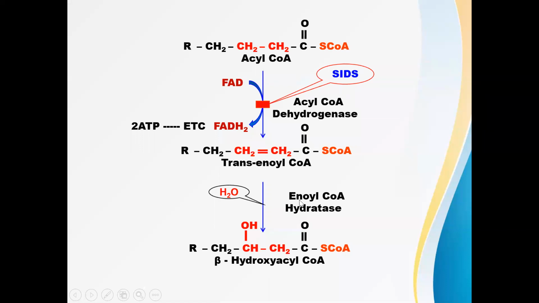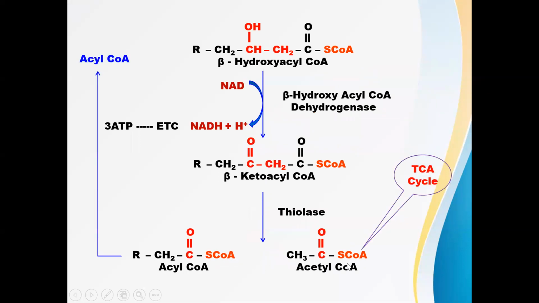The enzyme involved in this reaction is enoyl CoA hydratase. Enoyl CoA hydratase is the one that brings about hydration. So there is removal of the double bond and formation of beta hydroxy acyl CoA. Now, this beta hydroxy acyl CoA again undergoes oxidation with the help of the enzyme beta hydroxy acyl CoA dehydrogenase, which is an NAD dependent enzyme.